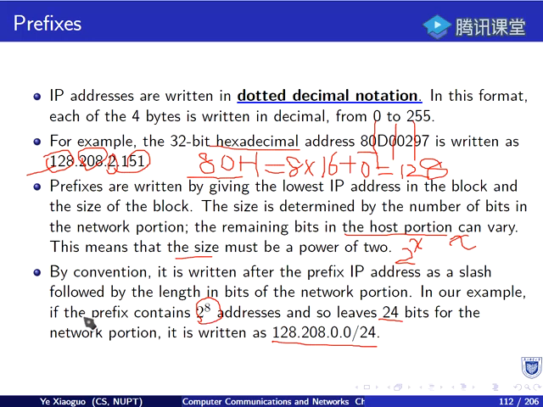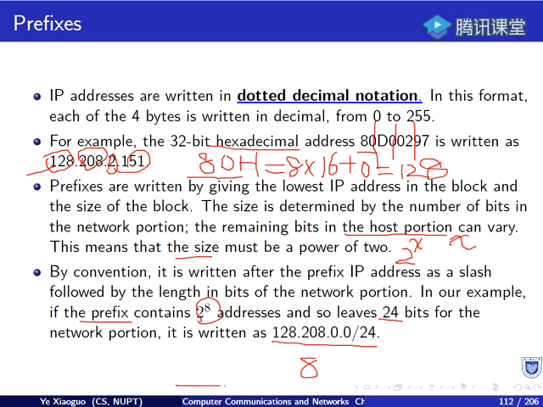Because the network address block contains 2 to the power of 8 addresses. That means the length of the host portion is 8 bits.